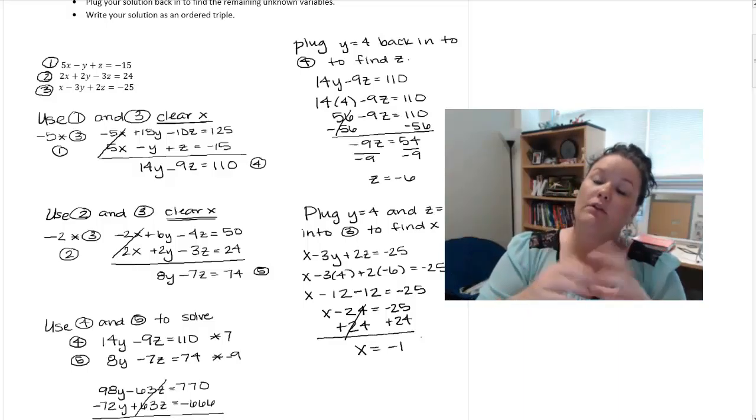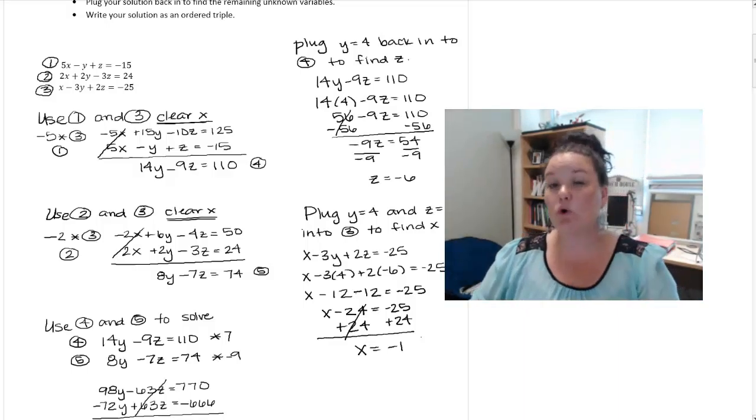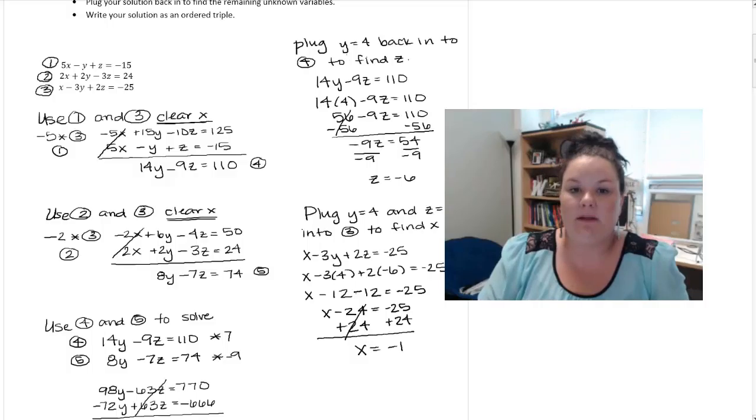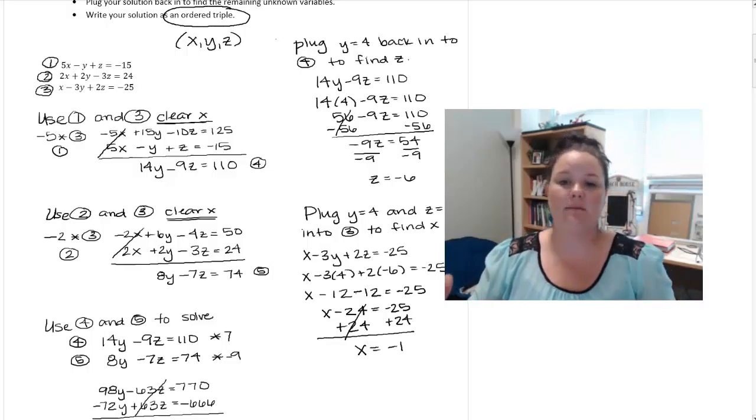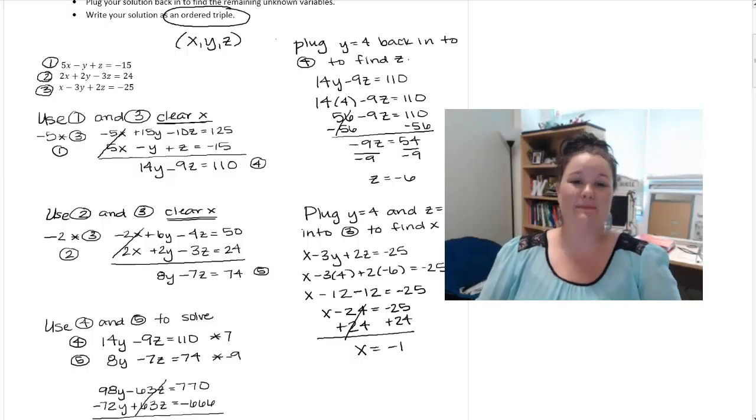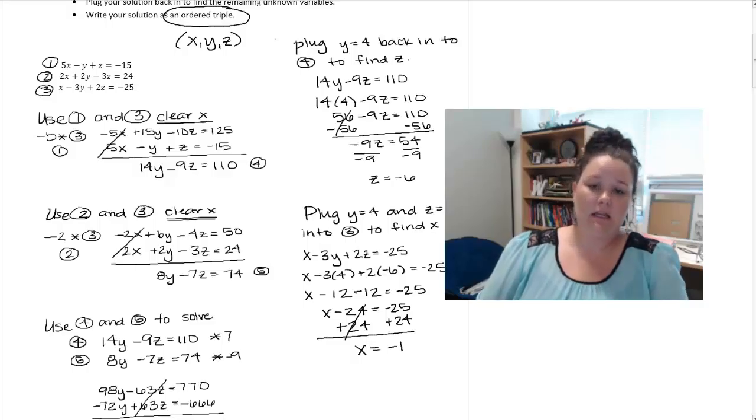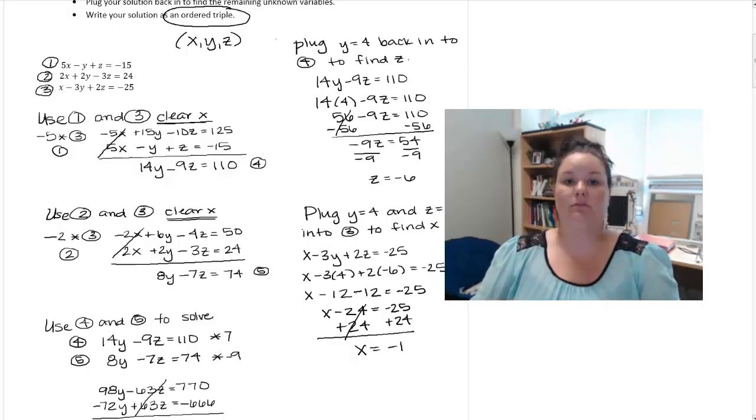The point where all 3 lines cross is going to be an ordered triple. So you can see up here in our instructions at the top, it says ordered triple. So we're going to write this as x, comma, y, comma, z. Anytime you're given letters, we pretty much always put them in alphabetical order. So if you're dealing with A, B, and C, L, M, and N, whenever you get your answers, write them in alphabetical order.